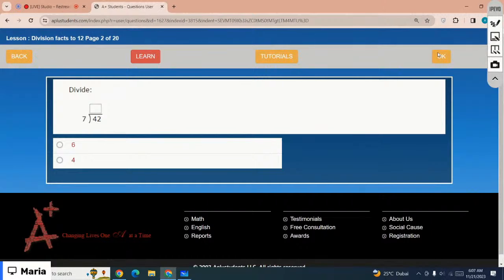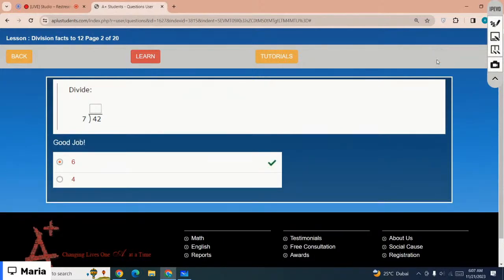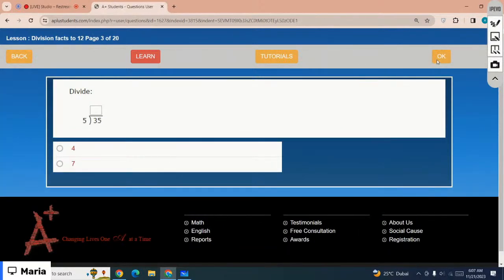Okay, the next one is 42 divided by 7. You have to count 7 until 42. So 7 times what number is 42? 7 times 6 makes 42. The correct option is 6. The next one is 35 divided by 5.